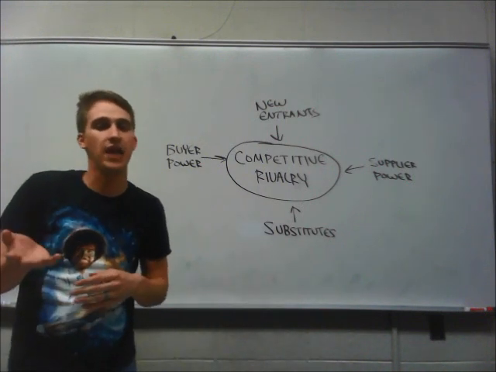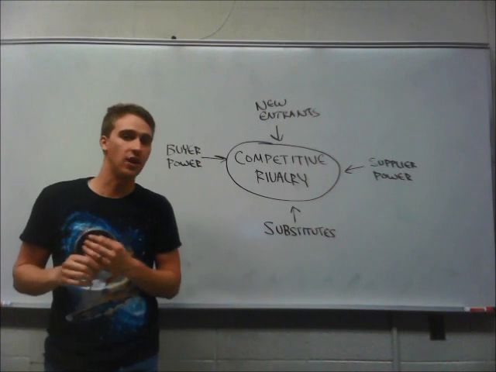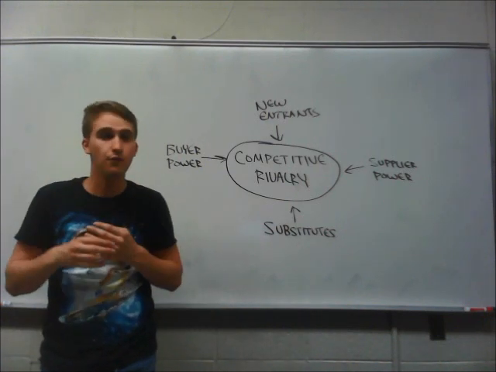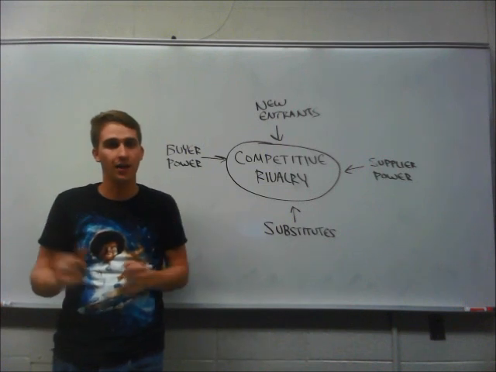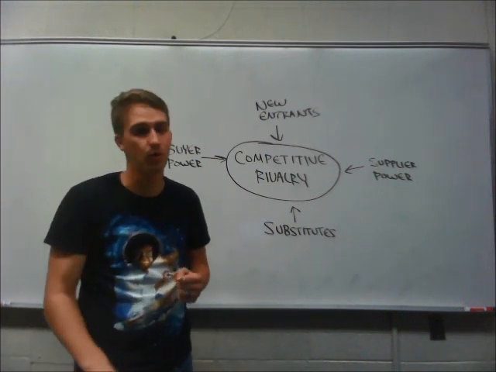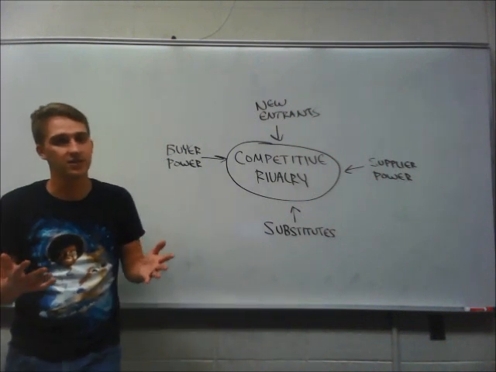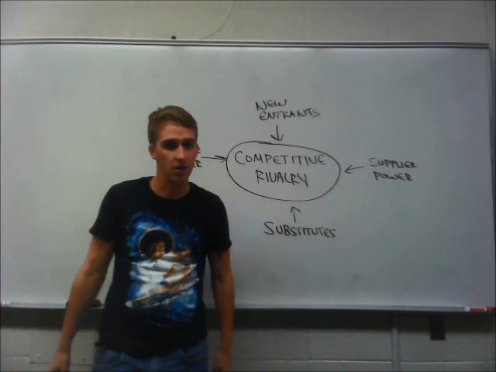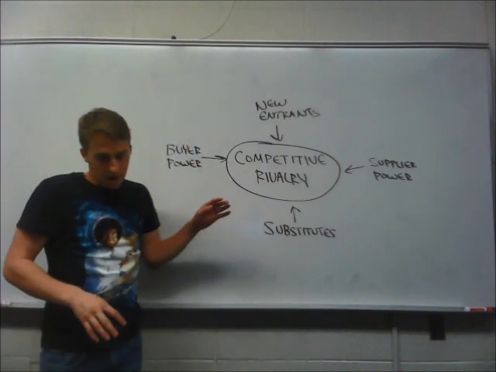Which ties into the next part, highly perishable products. If you're selling fruit, you can't hold on to it for very long before it goes bad. If you've held on to it for a while and you want to get rid of it, you'll have to discount it to sell it. And then with high storage costs, obviously it costs a lot to hold on to it, so you'll want to discount it so you don't have to hold on to it.